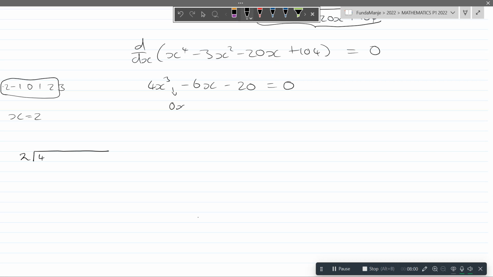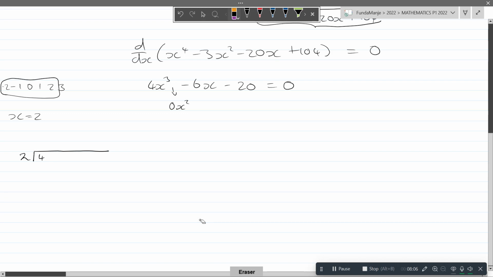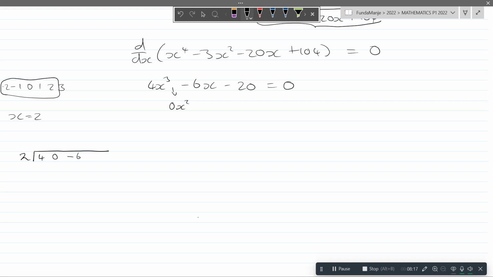X squared is actually there, it's just that its coefficient is 0. So make sure you go in the correct order. And then for x, we have minus 6. And then for the constant, we have minus 20. So always make sure you have 4 coefficients over here, then you can start.